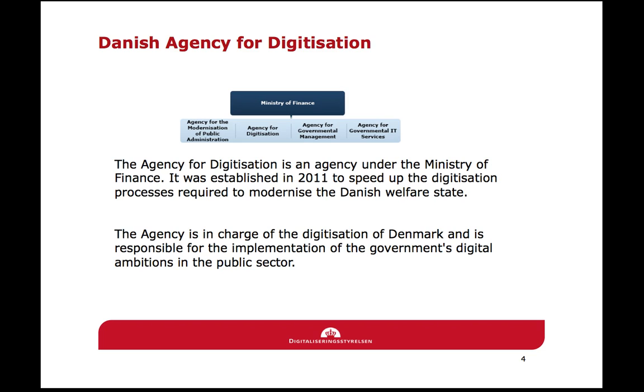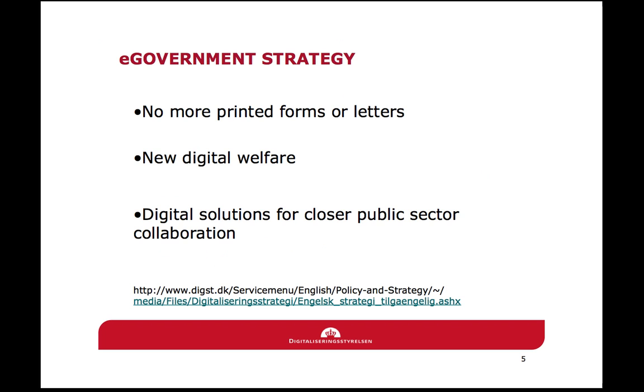So if we skip to slide number 4, there's been an e-government strategy published. For example, part of the strategy is that the Danish state wants to get rid of printed letters. So actually, from 1st of November, Danish companies cannot communicate by paper mail with the Danish state.